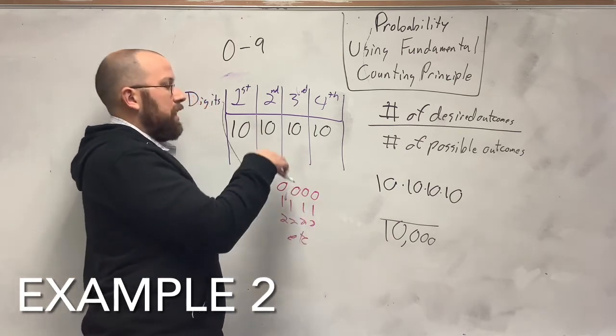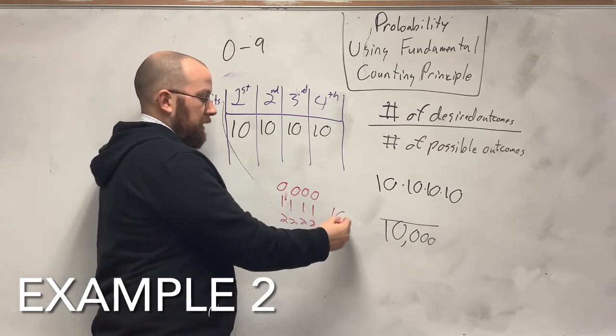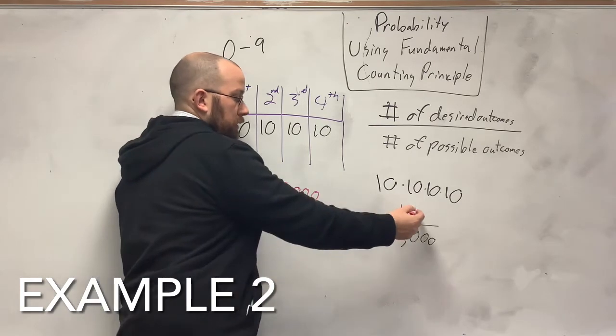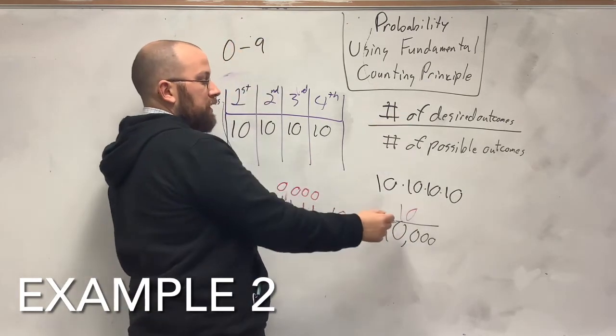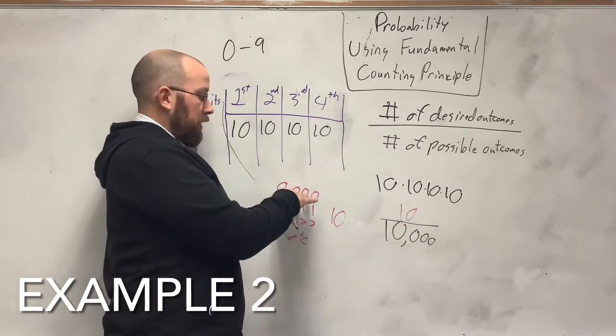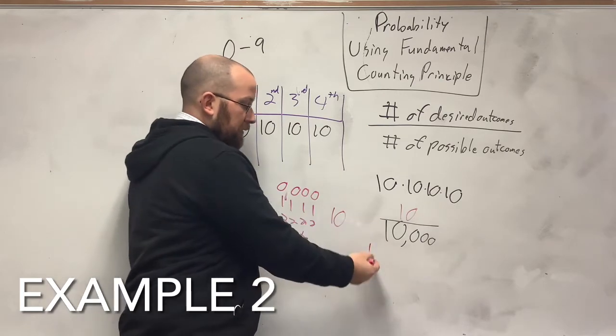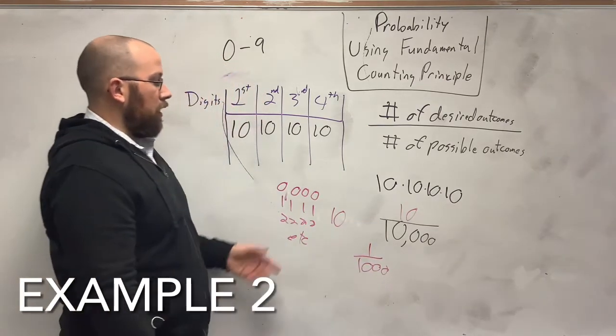If there's 10 numbers, there's 10 possibilities here. I'm not going to write them all out. So my number of desired outcomes is 10, and simplified that gives 1 in 1,000 that they all have the same number.